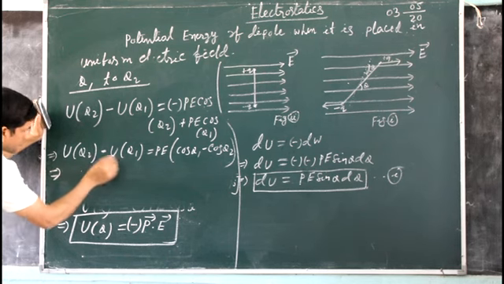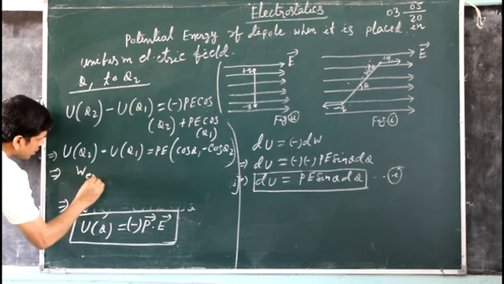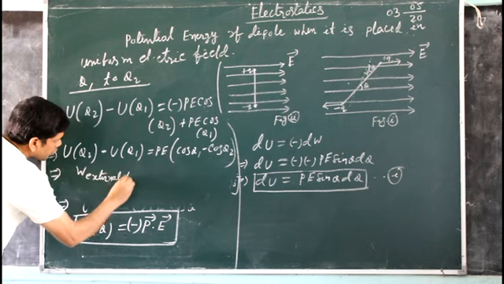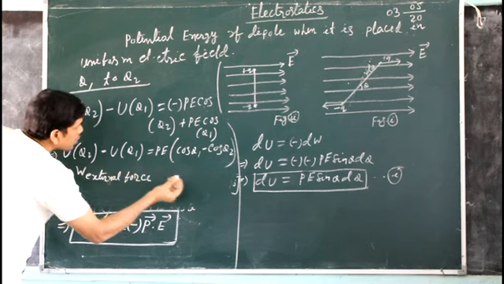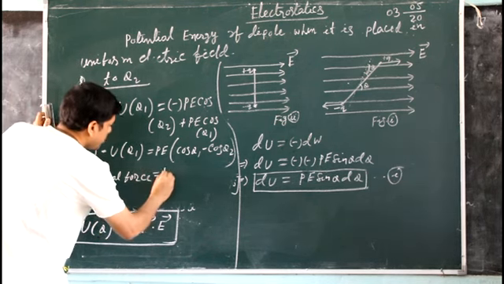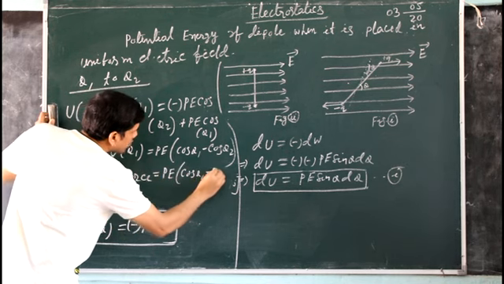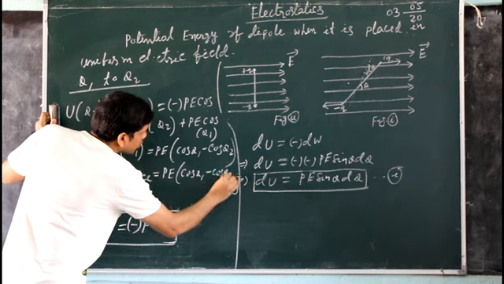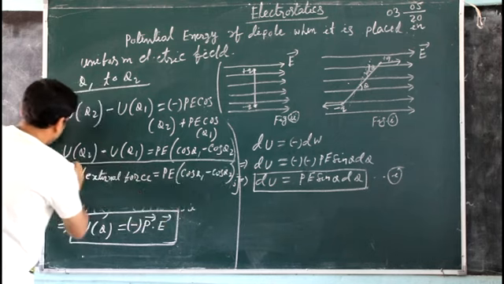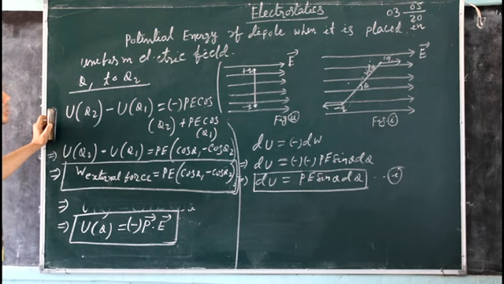So we can write W, work done by the external force or external agency, equal to PE cos theta 1 minus cos theta 2. This is the expression of work done by the external agency when a dipole is displaced from angle theta 1 to theta 2.